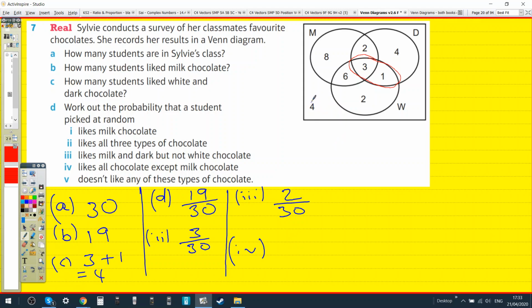Which 4 did you lose? This one. They like dark chocolate only. They don't like milk. They don't like white. I think it's just 1. 1 out of 30. And the last one.